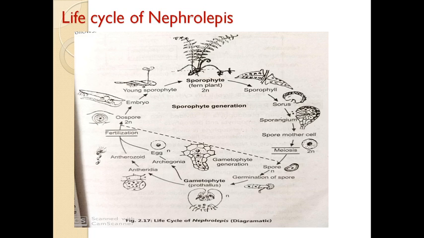So this is the systematic representation of the life cycle of Nephrolepis, which I have already explained. This covers the complete pteridophyte chapter, in which we have seen the classification of pteridophytes, then the life cycle of Nephrolepis with habitat and distribution, external morphology of the sporophyte: stem, root, leaves, then anatomy of the sporophyte: anatomy of stolon, rachis, and leaflet or pinna.